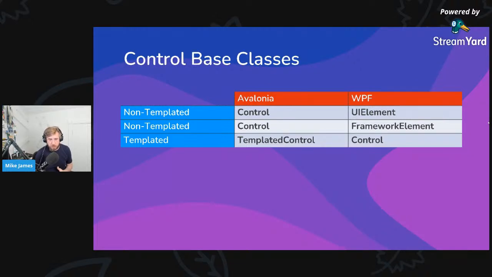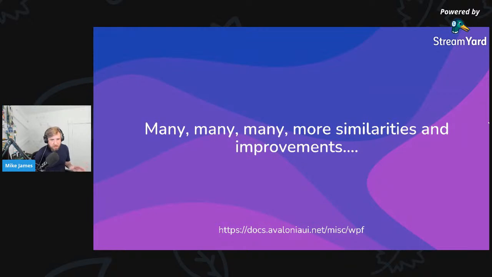But for the most part, when I'm building custom UIs and custom controls, I tend to always use the templated control because it provides me the most flexibility in creating these beautiful themes and looks for my applications. So there are many more similarities and improvements around the WPF/Avalonia API.